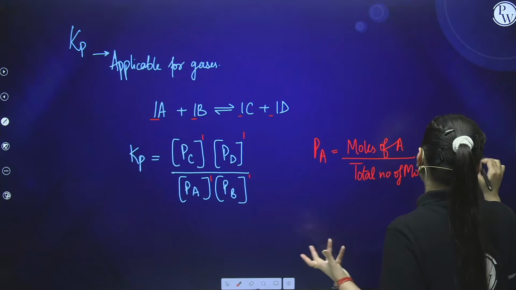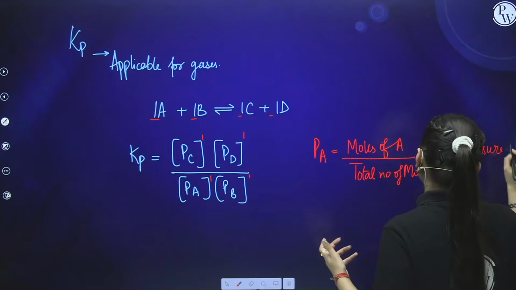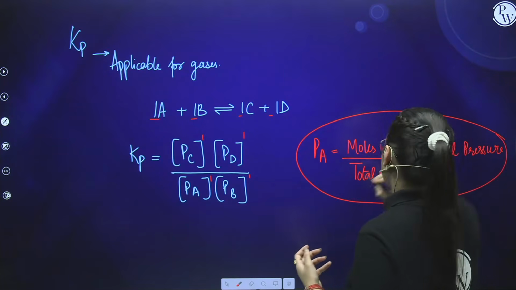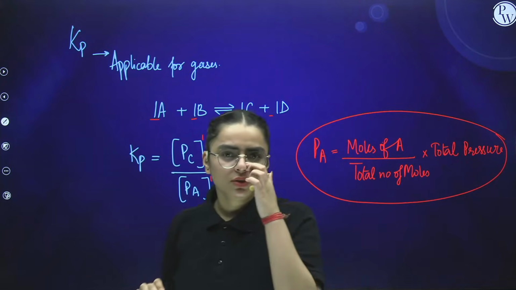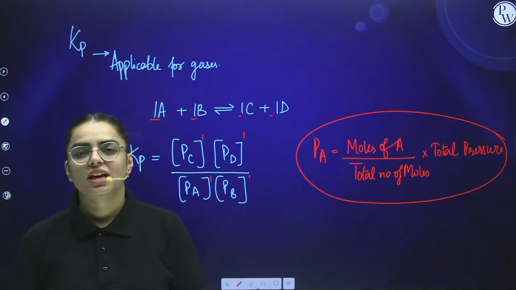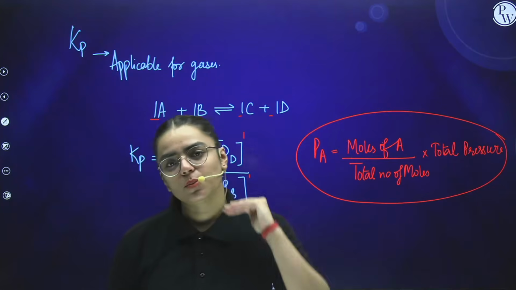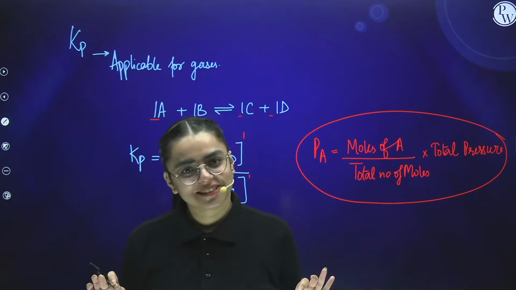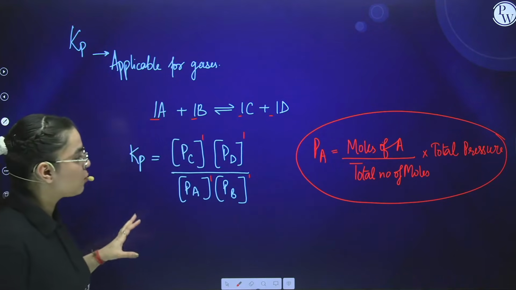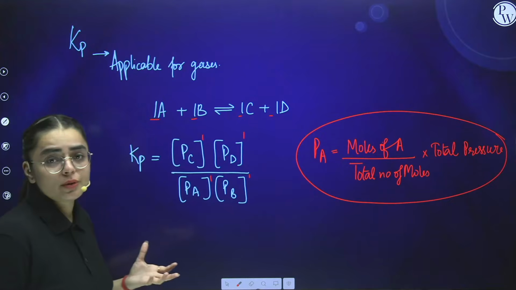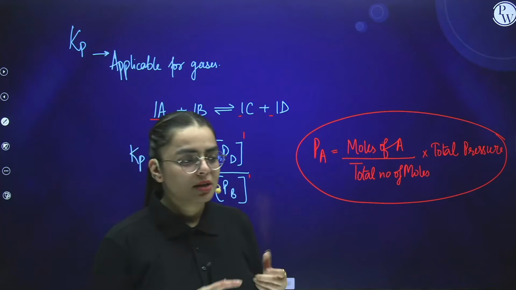Total pressure will be given to you in the question, so no need to worry. Moreover, to calculate moles, whenever they confuse you, they don't give you moles directly. So what you need to do is use the moles formula: given mass upon molecular mass. Is it clear? Great.